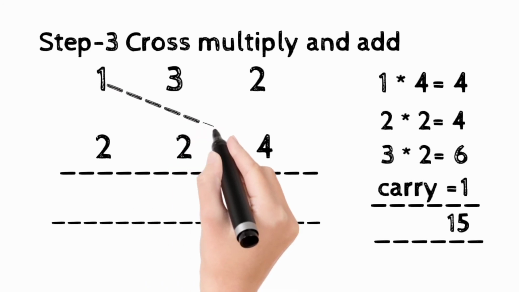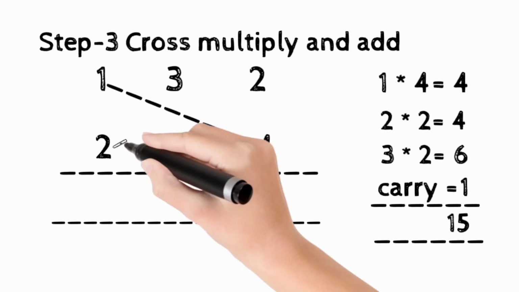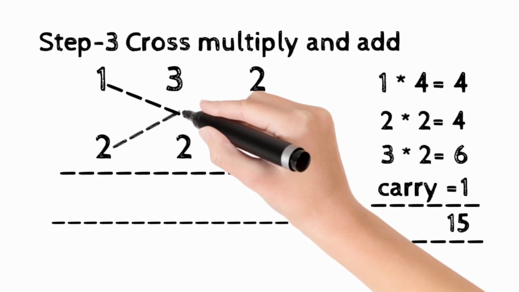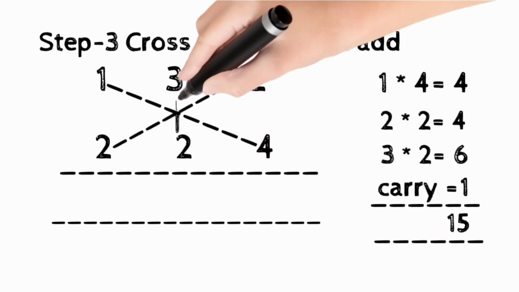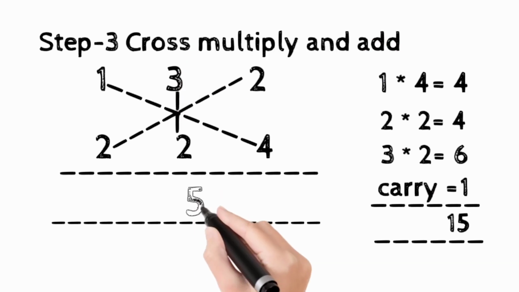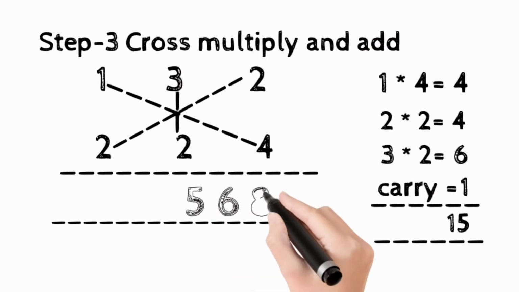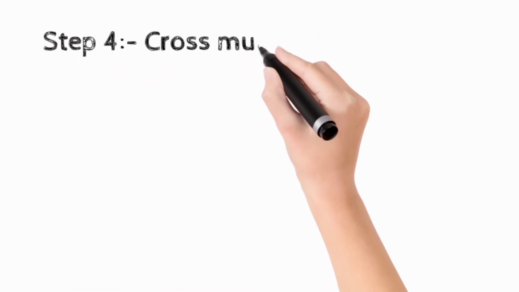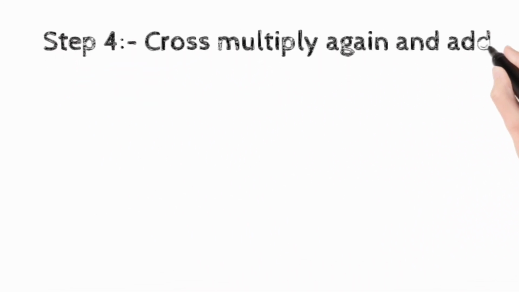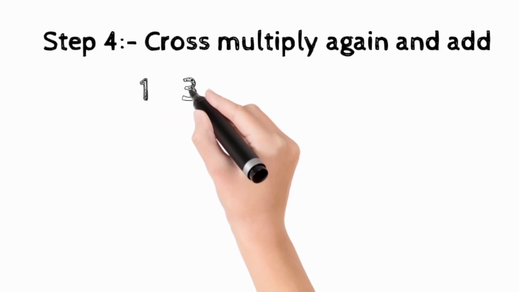Now it is representing the cross multiplication by arrows. We are multiplying hundreds place with ones place and ones place with hundreds place and tens place with tens place. Now your answer is 568. Step 4. Again cross multiplication and addition.